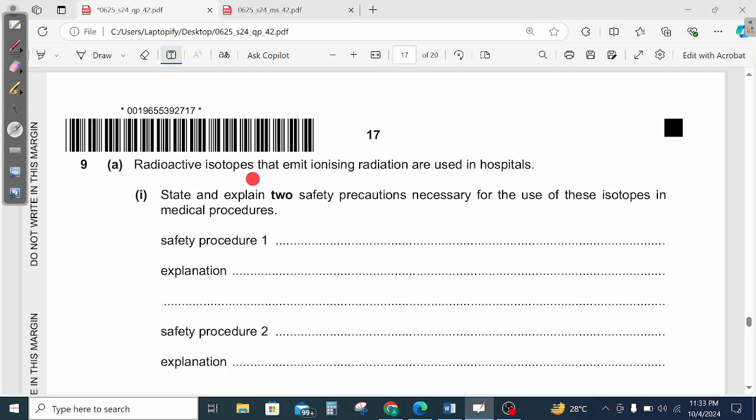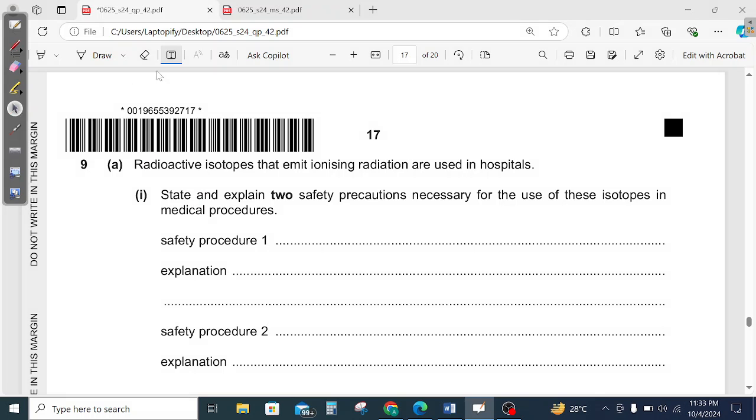The question is that in hospitals nowadays we use radioactive isotope radiations to cure different types of disease. So the doctors and those persons who are trying their best to cure the disease, what type of precaution must they use for safety.